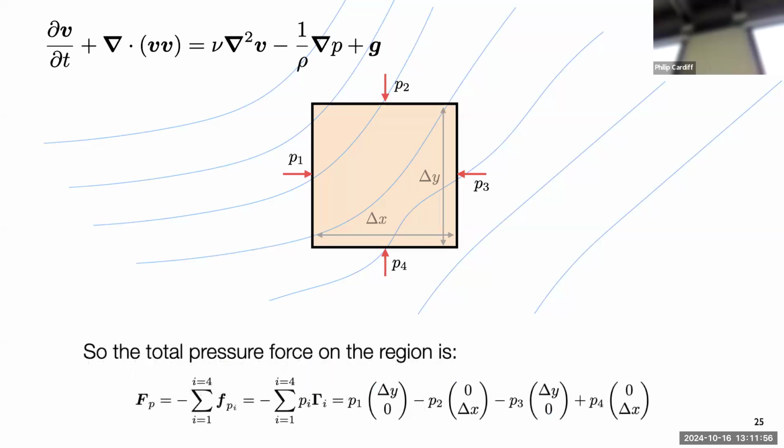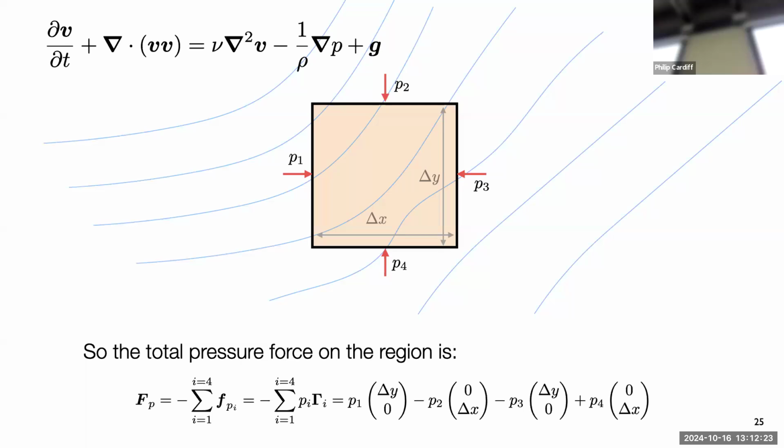So following this approach that we did before, let's just sum up all those things over the 4 faces. So let's say the total force on this square is the sum from I equal to 1 to I equal to 4 over the pressure force on face I. So we're just going to sum up the force on this face, this face, this face, this face.